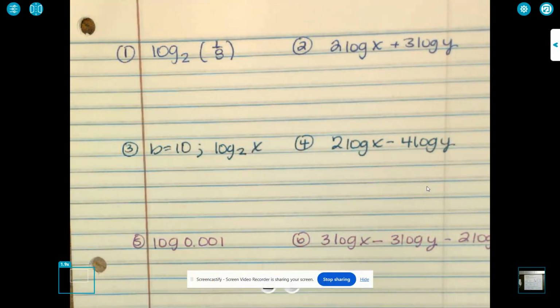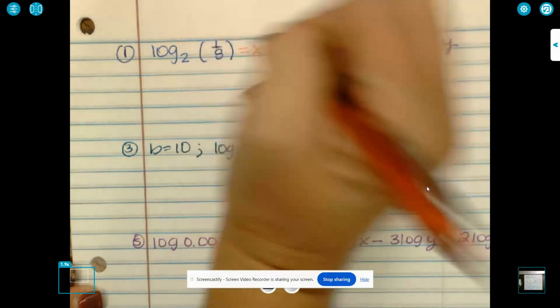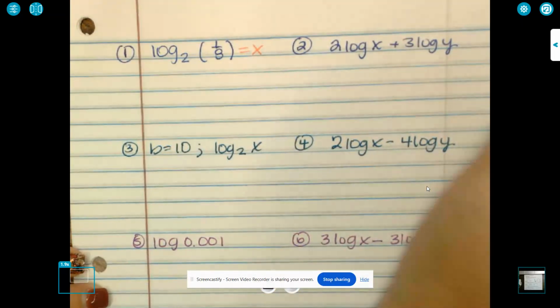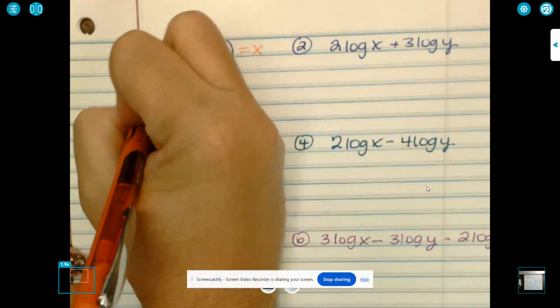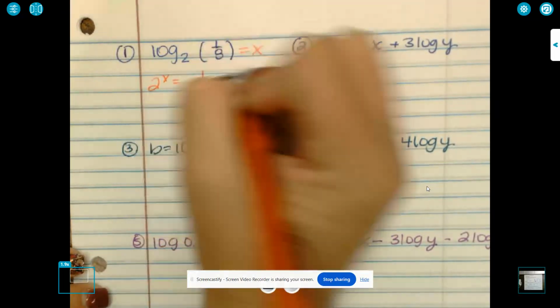Looking at question number 1, I think it said to evaluate log base 2 of 1/8. Remember, all of this is done without a calculator. Ultimately I'm going to set this equal to x and left, right, center that. So 2 to the x equals 1/8.